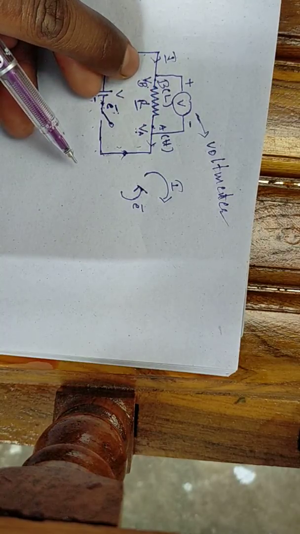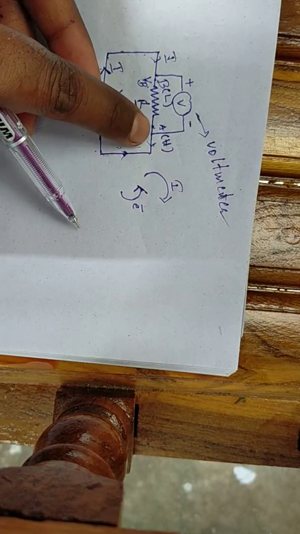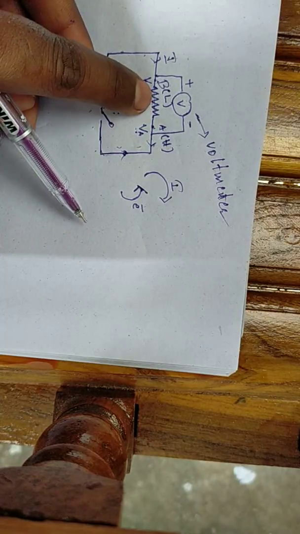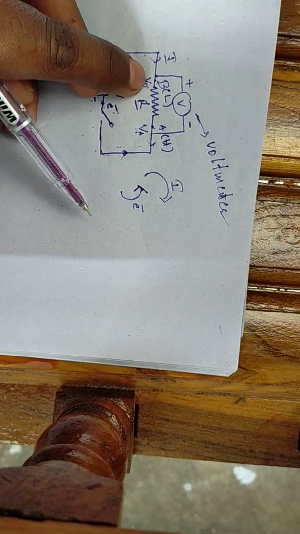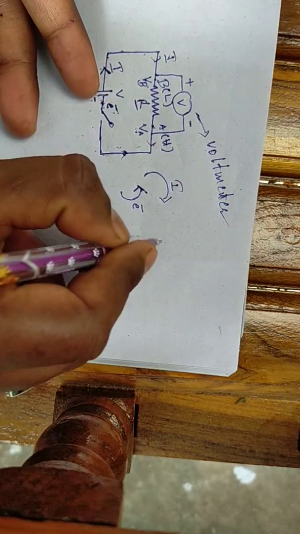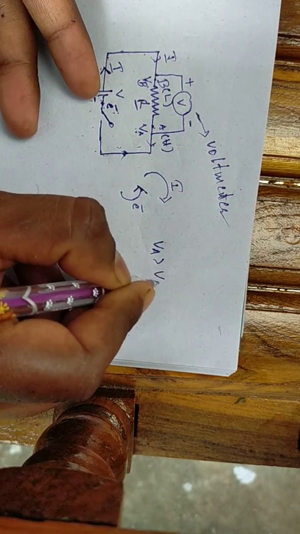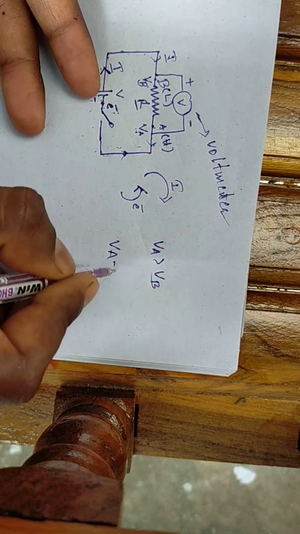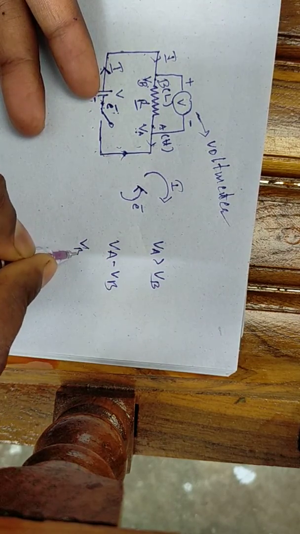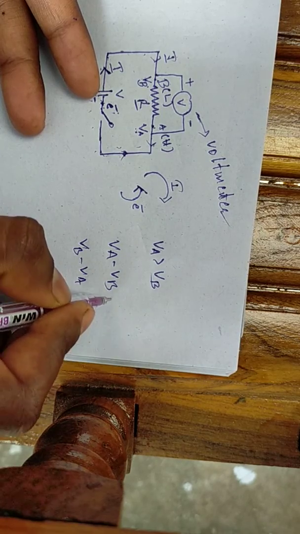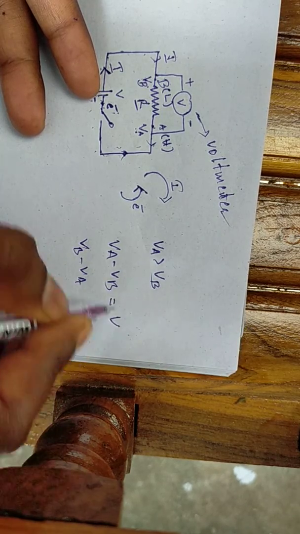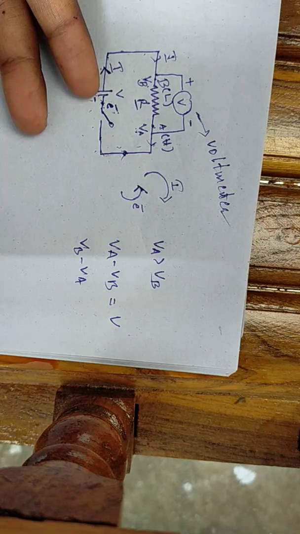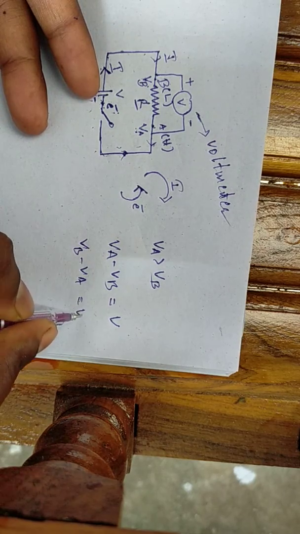Now you know that here some energy is lost. Energy decreased. It is less. So VA is greater than VB. If you take the difference, either VA minus VB or VB minus VA, which gives potential difference V, either this or this.